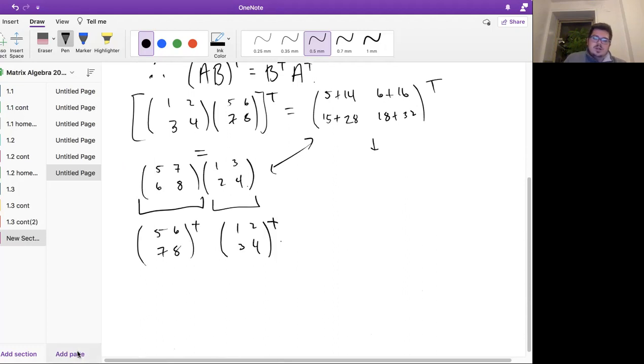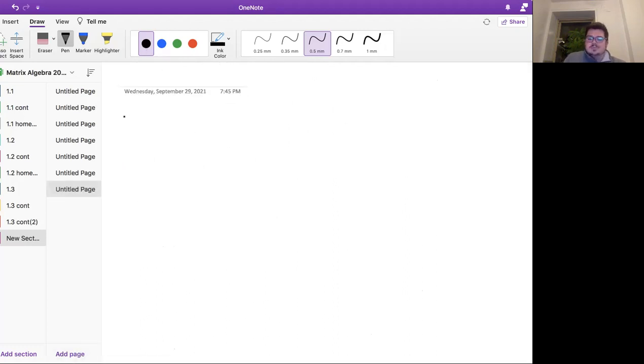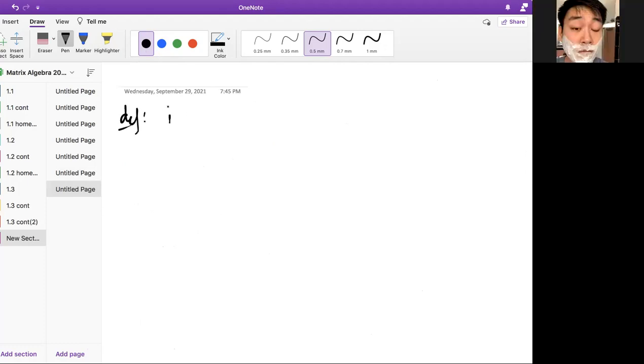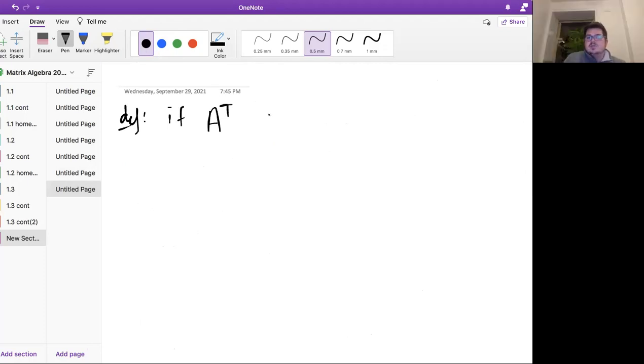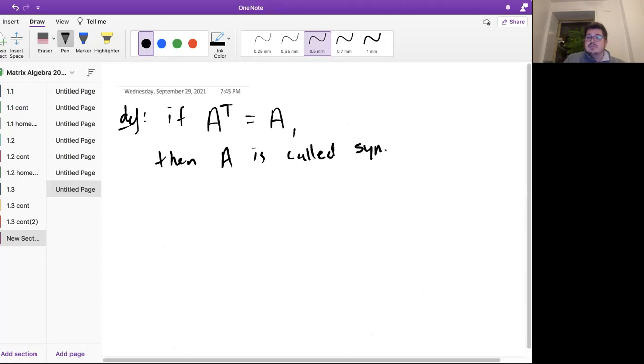All right, so let's do one definition about symmetric matrices, which we'll come back to later. If the transpose doesn't do anything, then A is called symmetric. So why do you think it's called symmetric? If A transpose is equal to A, then A transpose IJ is equal to AIJ for every single IJ.